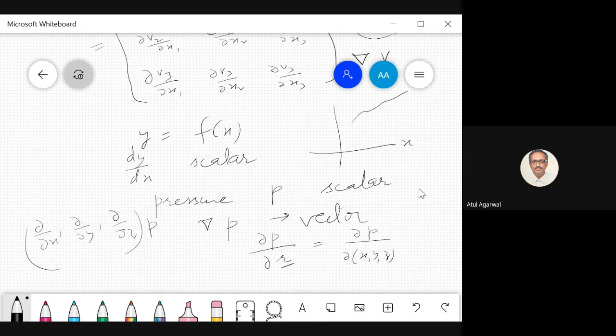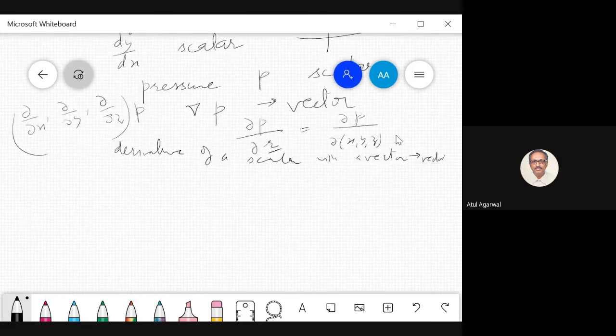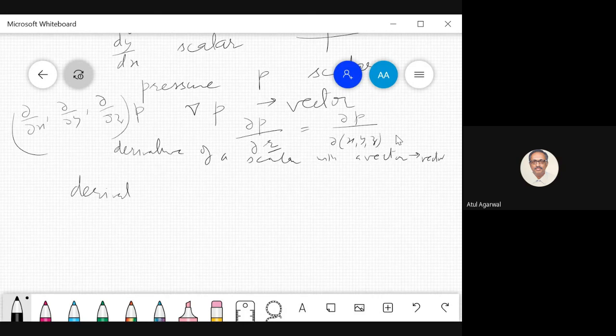Vector. If I take derivative of a vector with a vector, I will get a matrix, just like I showed you.